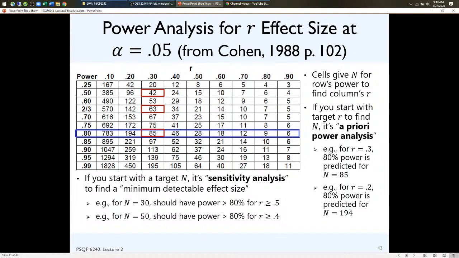However, the types of situations in which those are useful are also relatively straightforward designs. In the work that I do, it is almost always the case that I'm going to have to do simulation to figure out what my empirical power rate is.